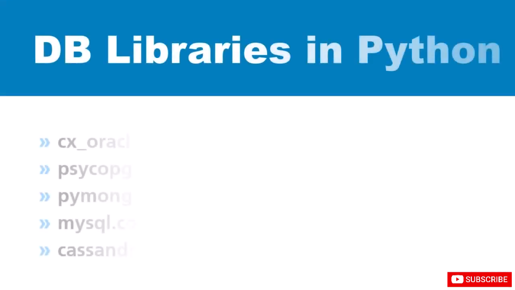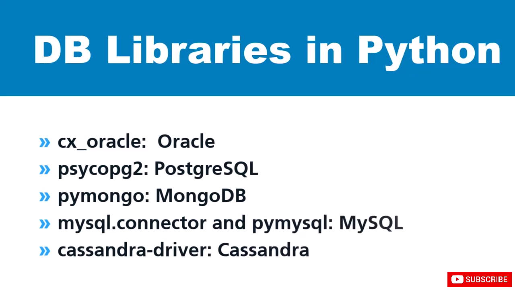And also there are many libraries and modules in Python programming language to work with and manage databases. For example, cx_Oracle, and its database engine is Oracle, Psycopg2, and its database management system is PostgreSQL.